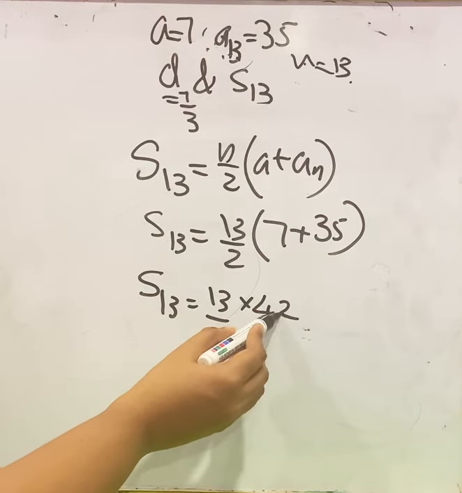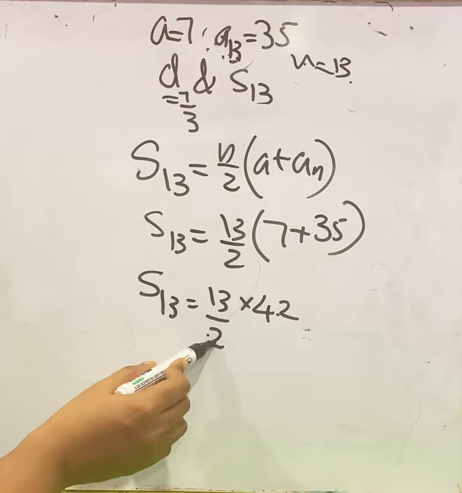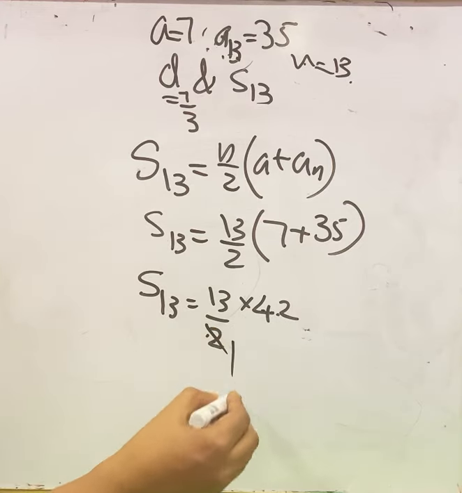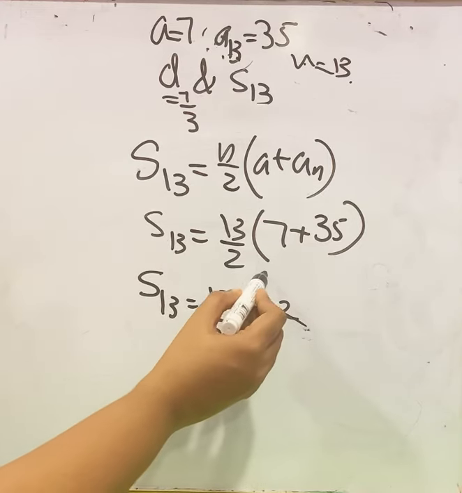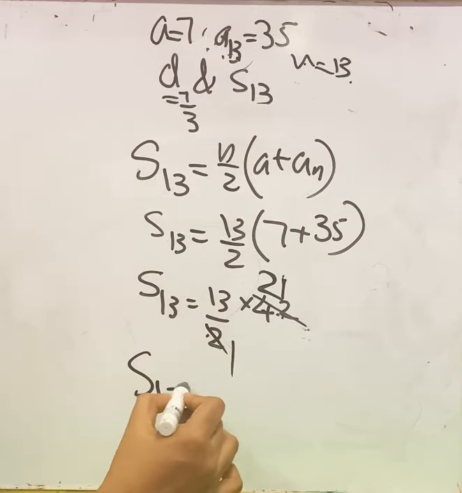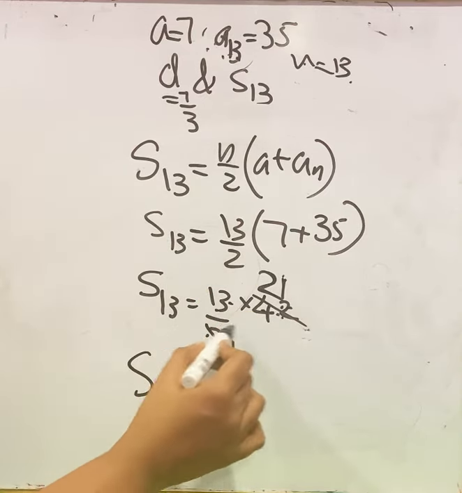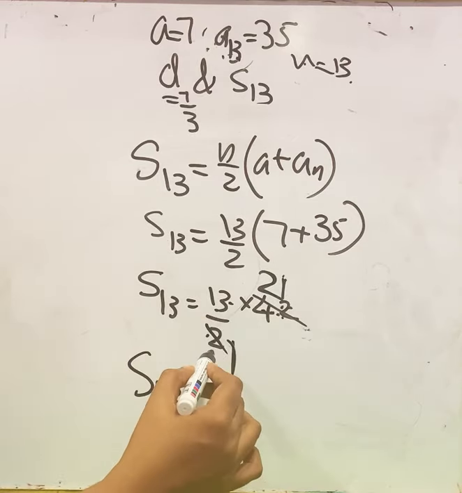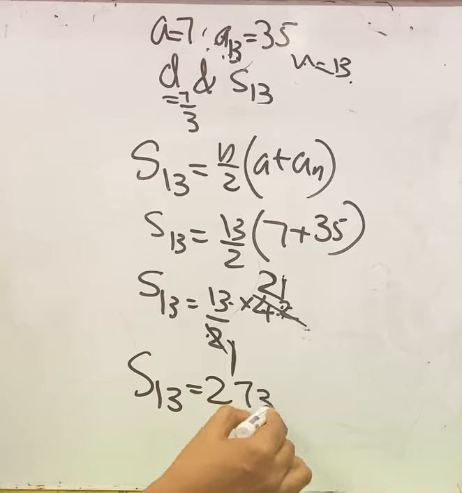Now 2 is in the denominator and 42 in the numerator, so we have 2 as the common factor. 2 ones are 2, 2 twenty-ones are 42. So S13 equal to 13 into 21. The denominator is 1, so we don't need to consider it. 13 into 21, the result is 273.